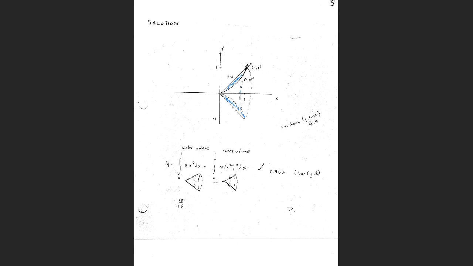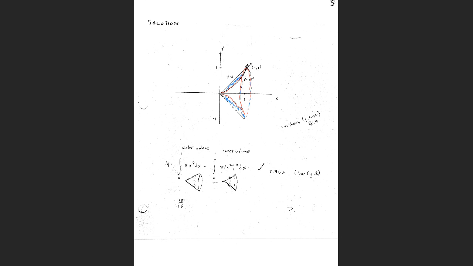Okay, so the volume is not completely enclosed. So you have to extract out the volume of this Hershey's Kiss here. You have to find that volume and subtract it from the volume of the outer cone.